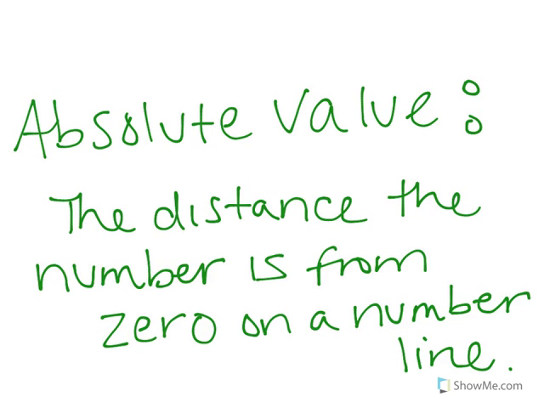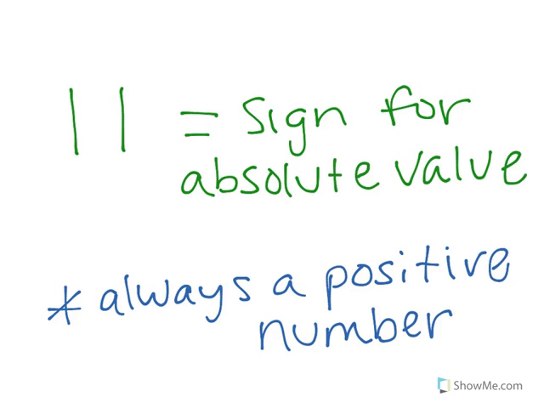The next vocabulary word I want you to understand is that the term absolute value means the distance the number is from 0 on a number line. These two bars right here are the sign for absolute value, so you put two bars next to a number.